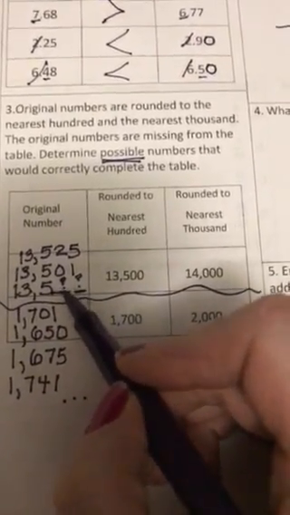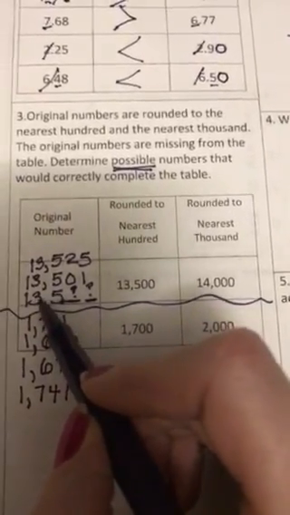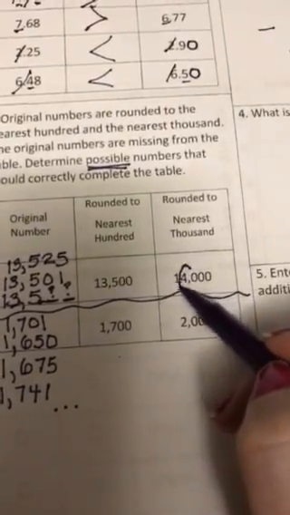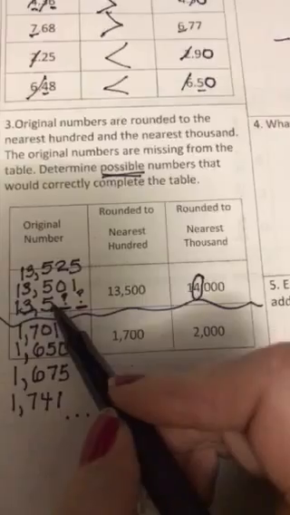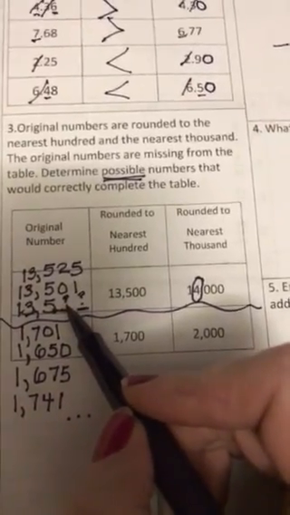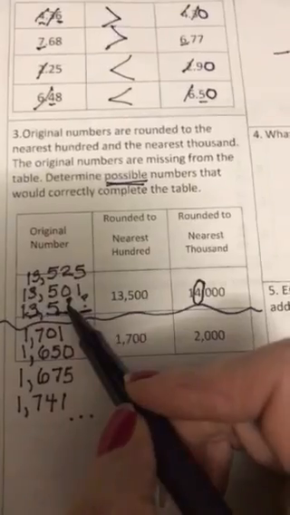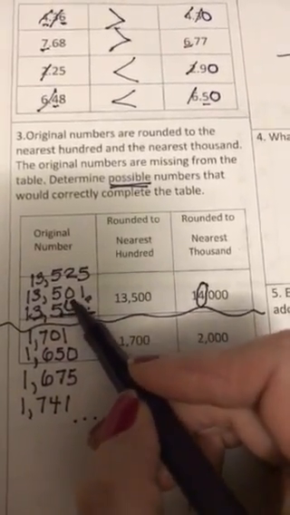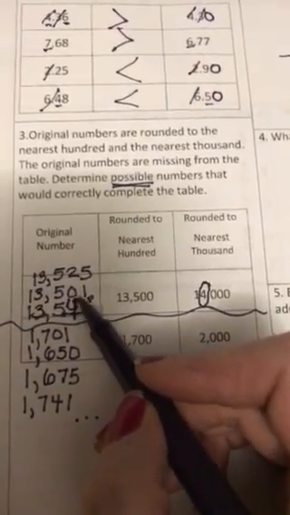No matter what you put here and here, the 500 is going to tell the 3 to go up to a 4. 5 or more, raise the score. Actually it does matter what you put here because you couldn't put anything greater than a 4. So it'd have to be 4 or less here because 4 or less, let it rest.